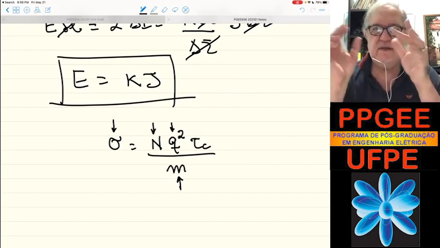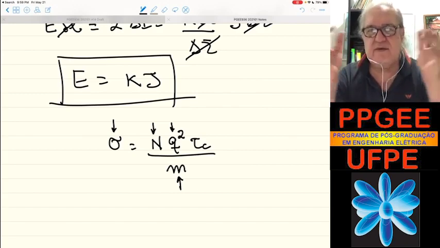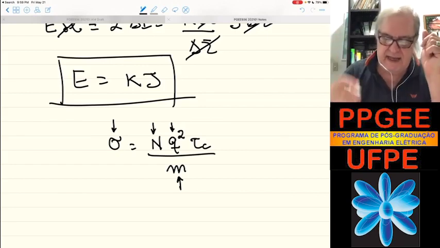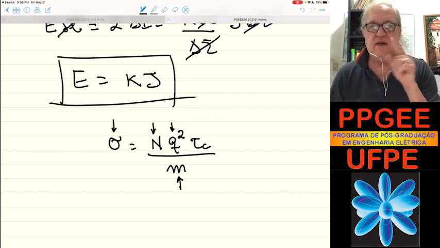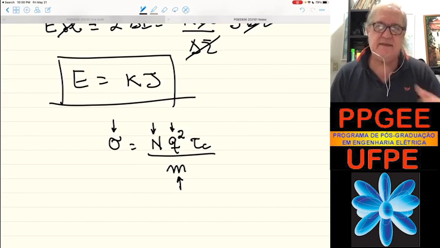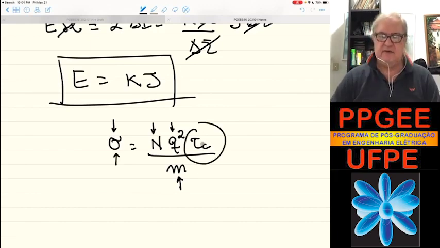Depends, 3, 4, 2.5, we can make it 3, okay, it is a good number. Then you can assume that each atom releases one carrier. Then you have the density because you know the spacing between atoms. So you can determine the collision time.